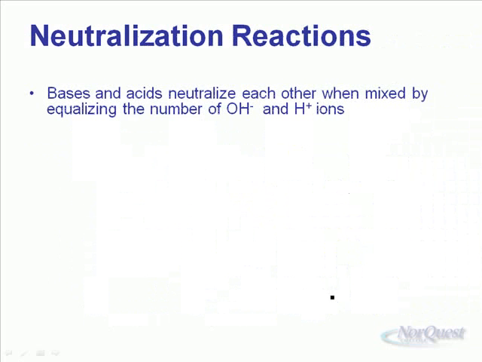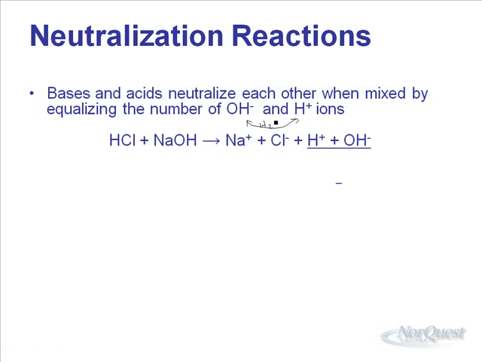Neutralization reactions: bases and acids, because they make either hydroxide or hydrogen ions, if you get a lot of them together, they start getting back together to form water. And as that happens, a solution becomes neutralized. You're using up the hydrogen ions, you're using up the hydroxide ions, you end up with water molecules, and water molecules are neutral.